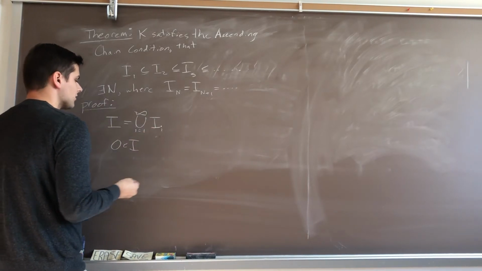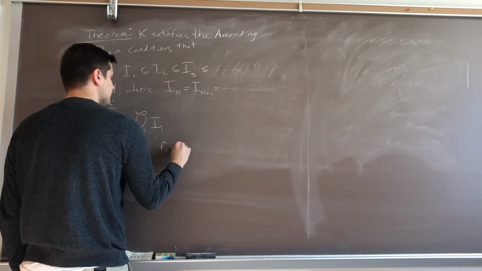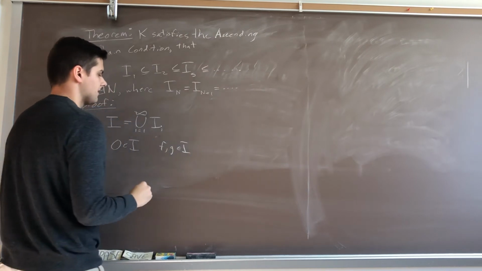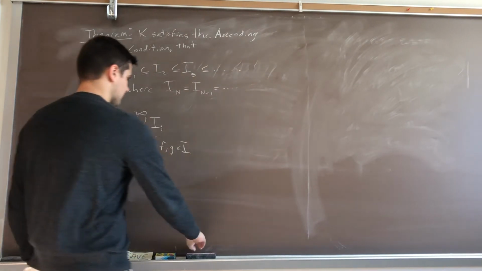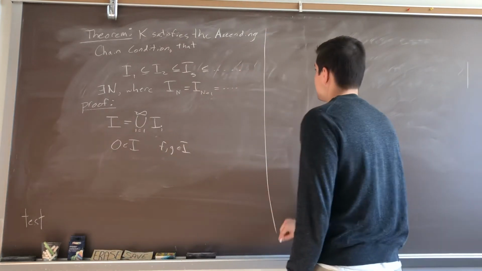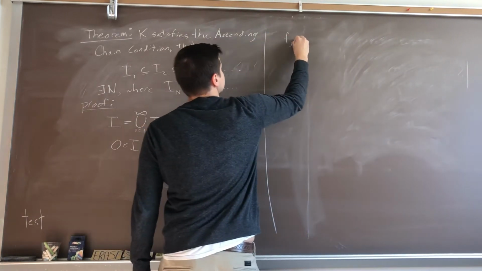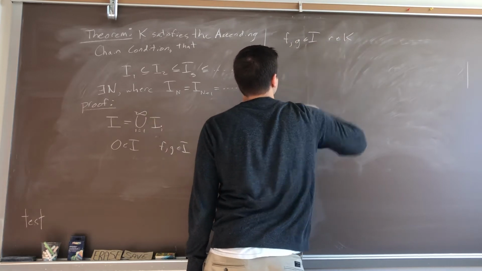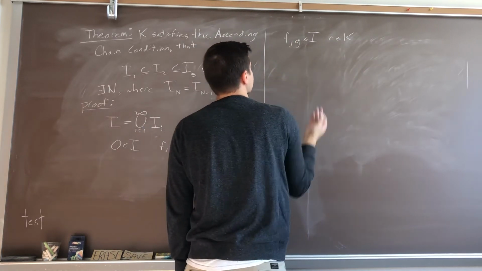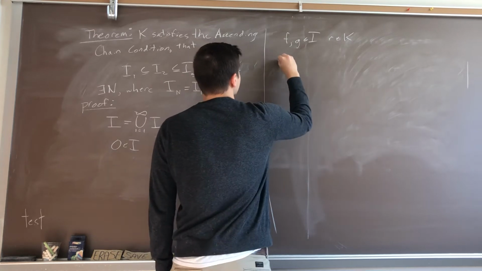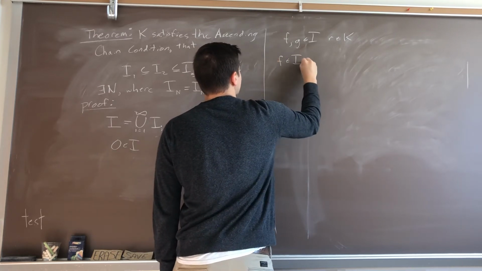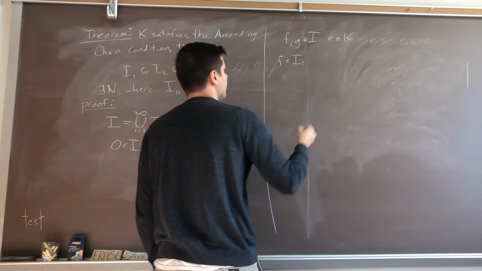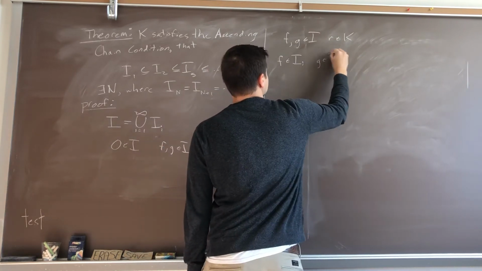And now we're going to let f and g be in I. I'm actually going to do this over here. So we're going to let f and g be in I, and we're going to let r be in K. Since f and g are both in I, that means that f is in I sub i for some particular i, and g is in I sub j for some j.